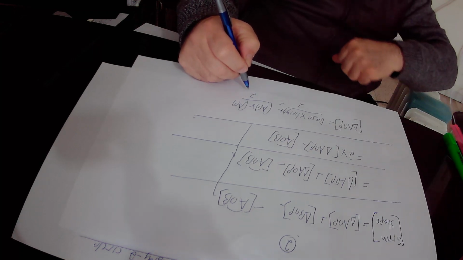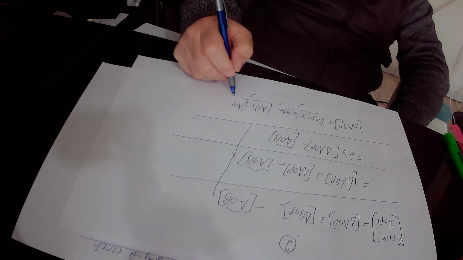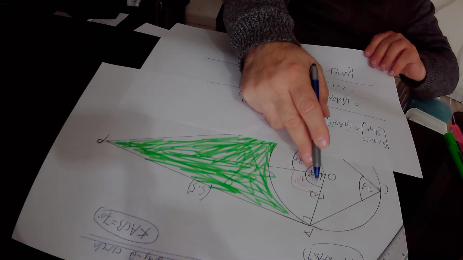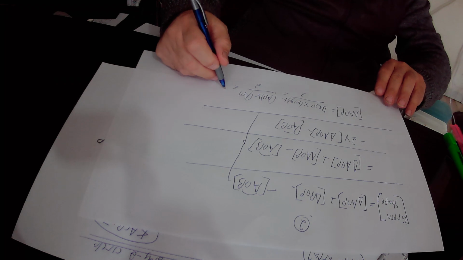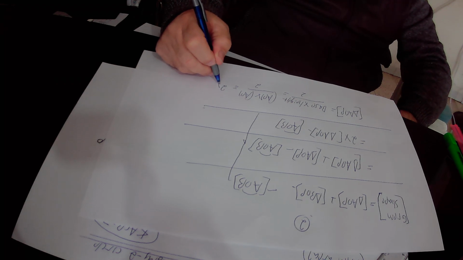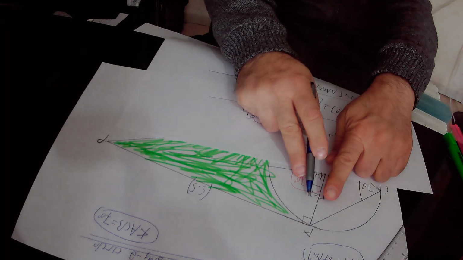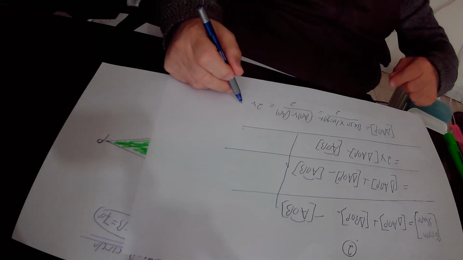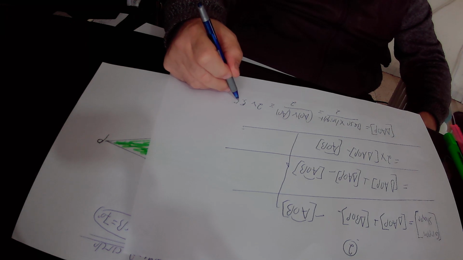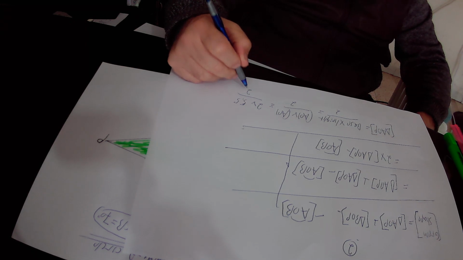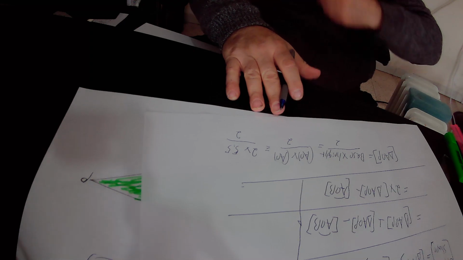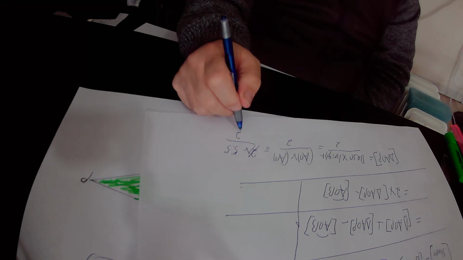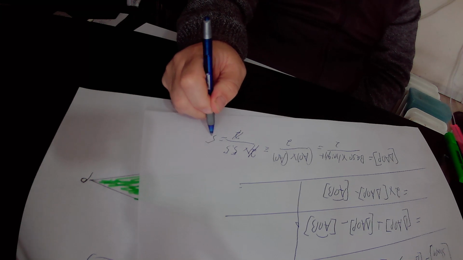So the area of triangle AOP equals the base AO. The base AO is R, which is equal to 2, the radius of the circle, times AP. We already found out that the length of side AP is 5.5. So it is 2 times 5.5 divided by 2. Here we have 2 in the numerator and 2 in the denominator, so the 2 will get cancelled, and we are left only with 5.5.